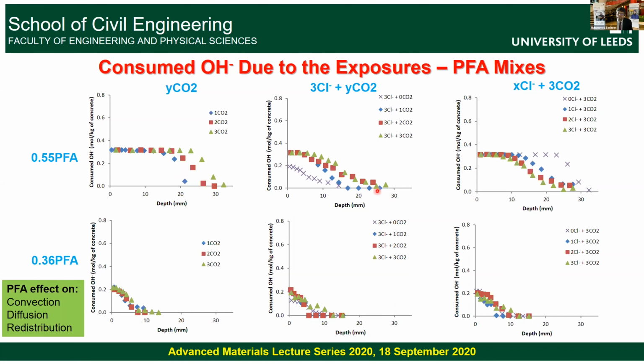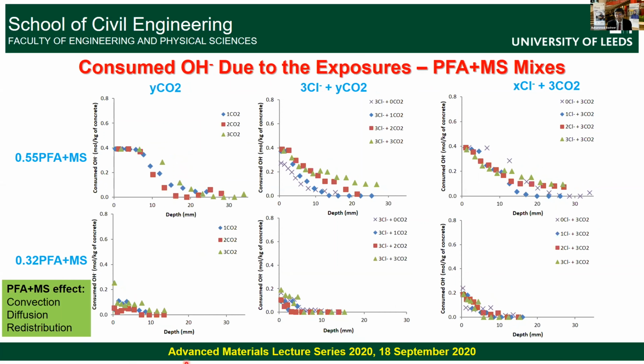exposure as well as the type of cementitious material. And again, if you have another type of cementitious material, for example, PFA plus microsilica, you see that the deep penetration has changed. And again, you have changes internally as well.